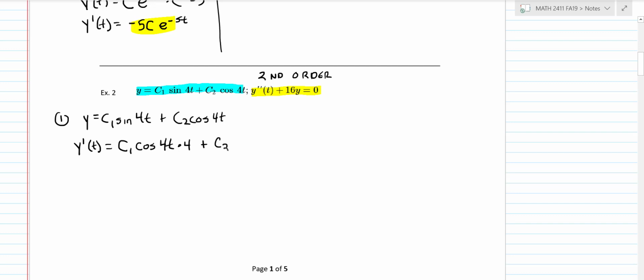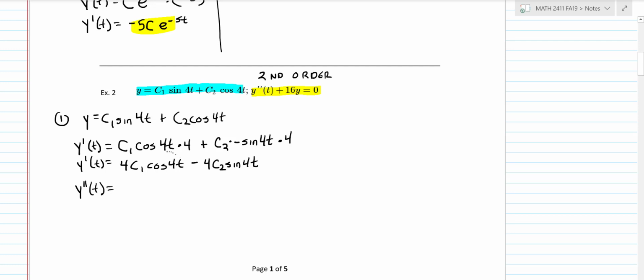So that's c2 times negative sine 4t, and the derivative of 4t is 4. Okay, so I'm going to write one more step and just clean that up a little bit. So this is 4c1 cosine 4t minus 4c2 sine 4t, like that. All right, now we need to move on to the second derivative.